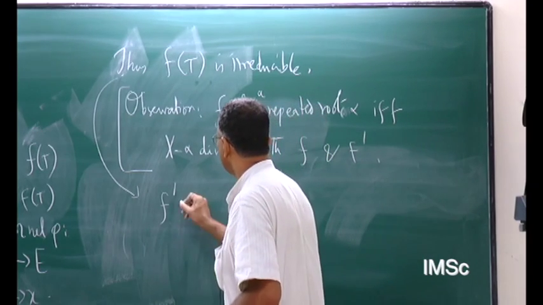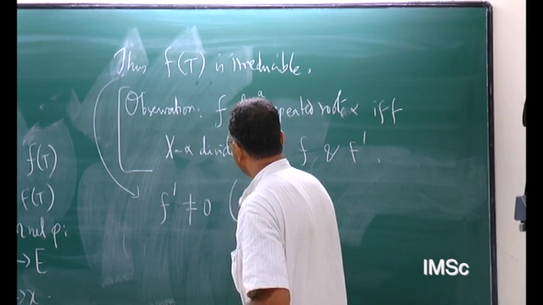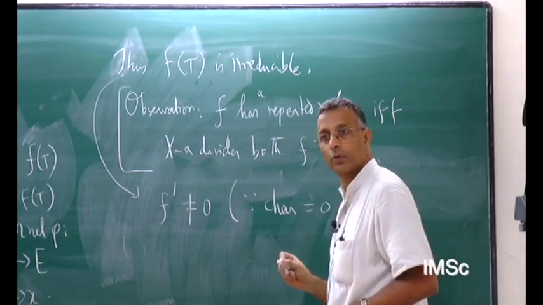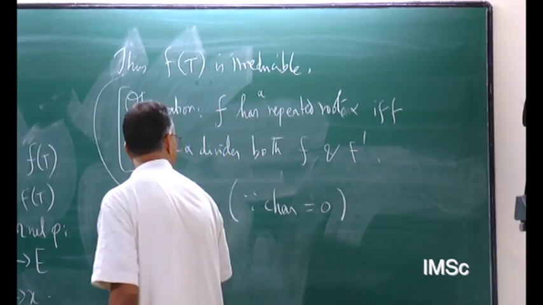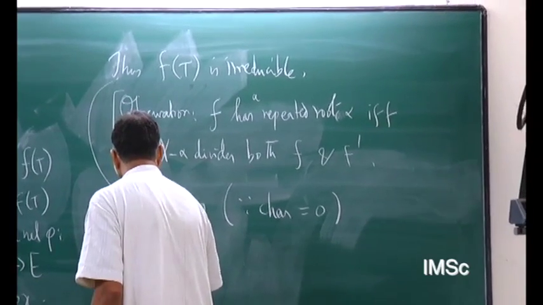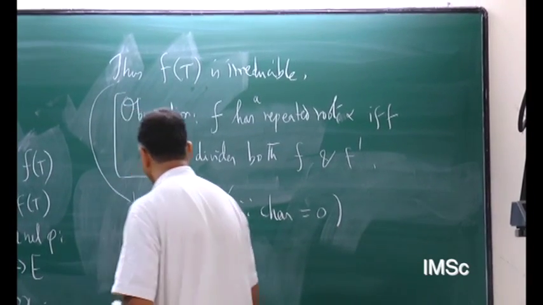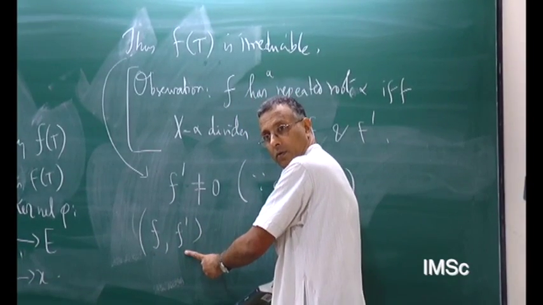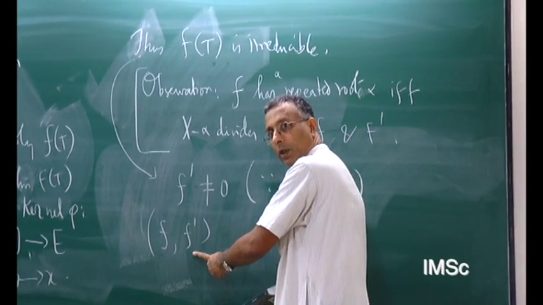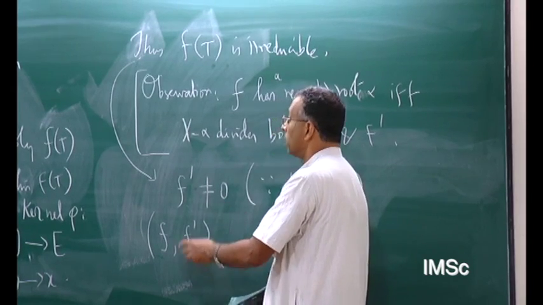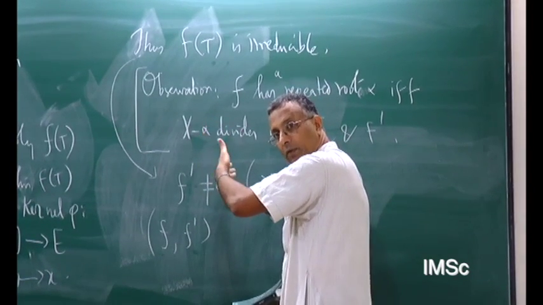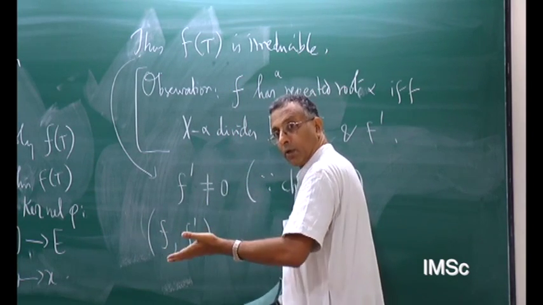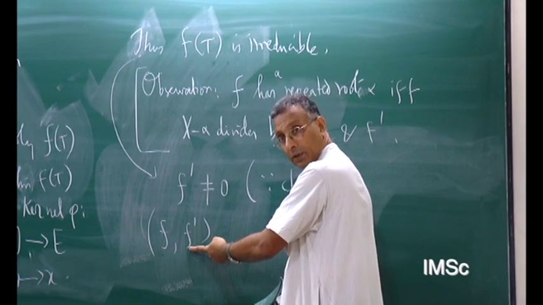Important: in positive characteristic it happens that you have irreducible polynomials with repeated roots precisely because f prime is 0.